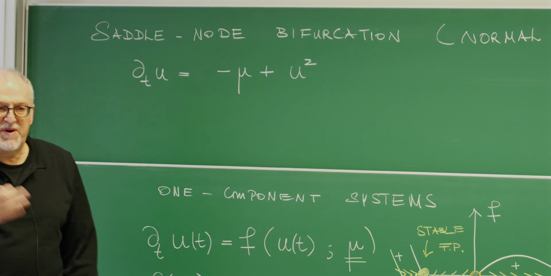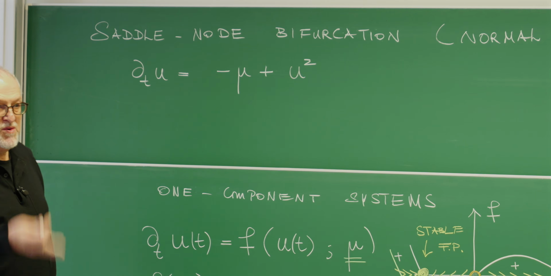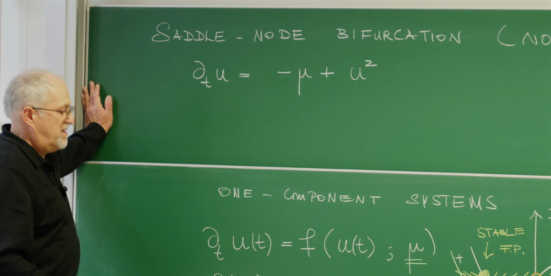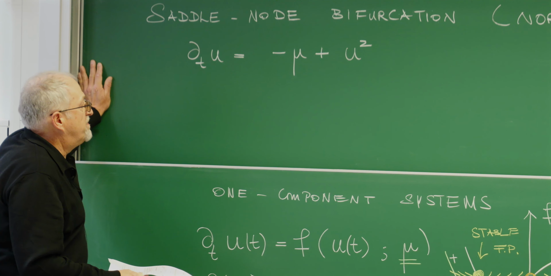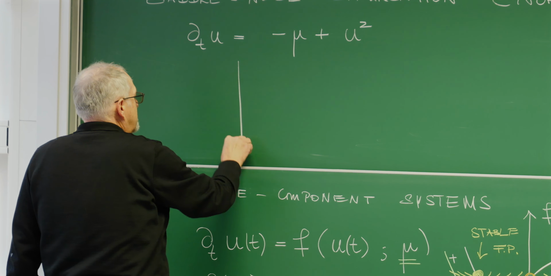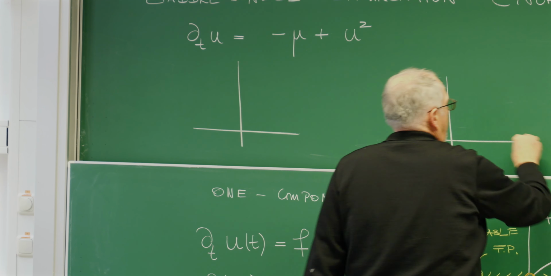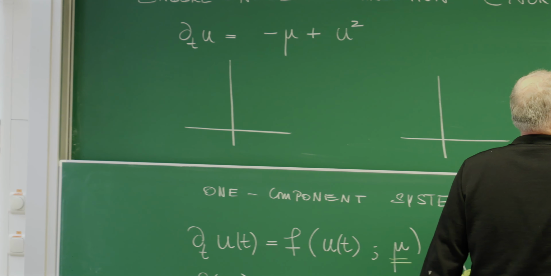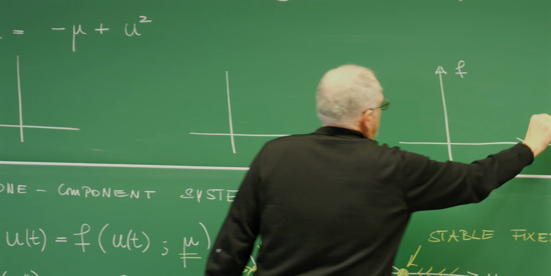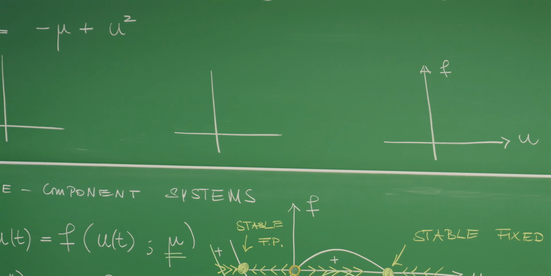So as I said, a parabola opening up now to the top, where mu is shifting the position of the parabola along the y-axis. So let me draw this in terms of pictures. So here we have our function f. Here we have the variable u, and the same here for all the graphs.